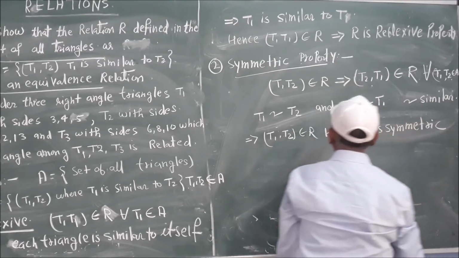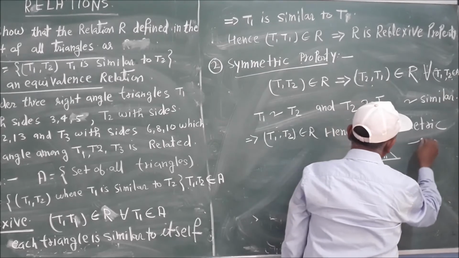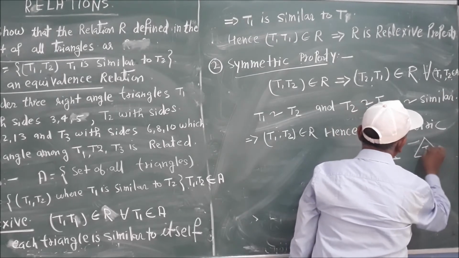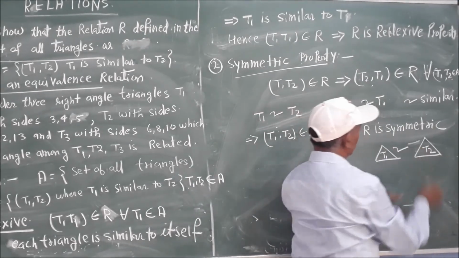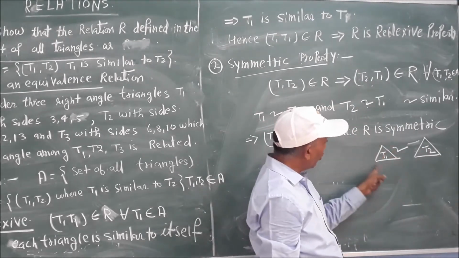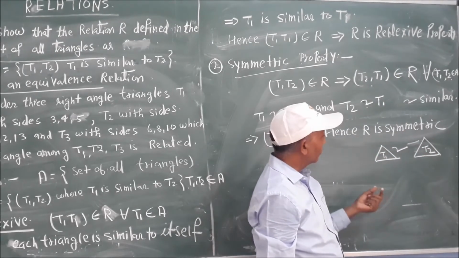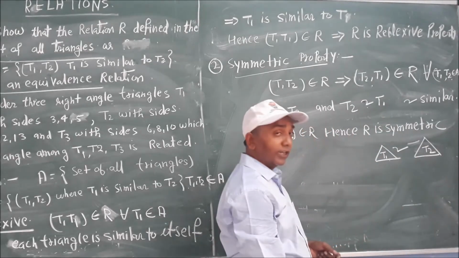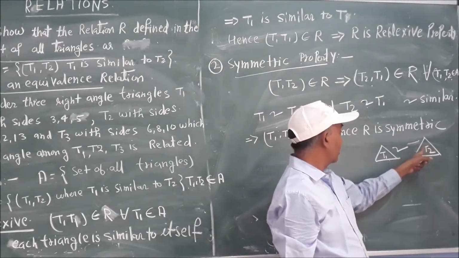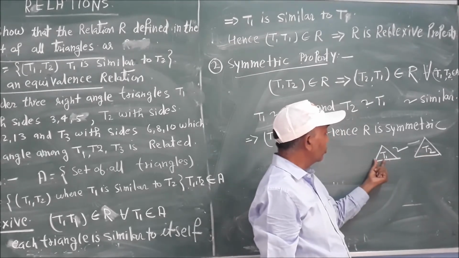Again, see here. This is a triangle T1. Here is another triangle T2. I am saying that T1 is similar to T2. That means all its angles and all its sides are proportional to T2. And again I am saying that T2 is similar to T1. That means all its angles are equal to T1 and all sides are proportional to T1.